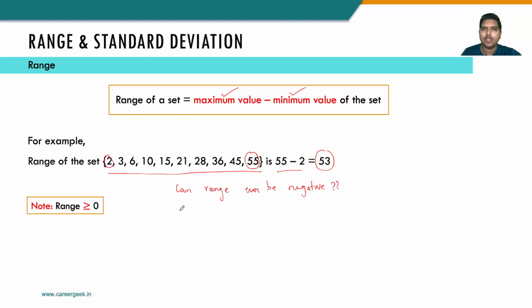The next question is, when is a range of a set 0? Okay, this is when all the terms of the set are equal, only then the range is 0.